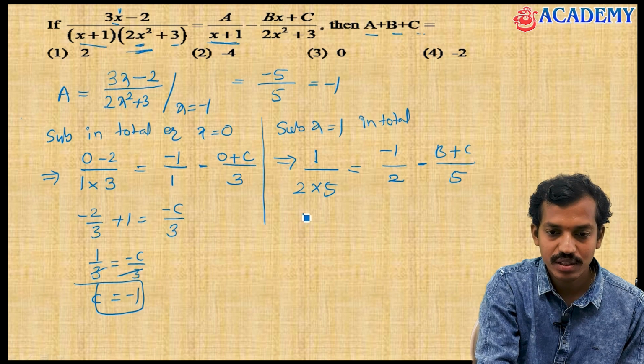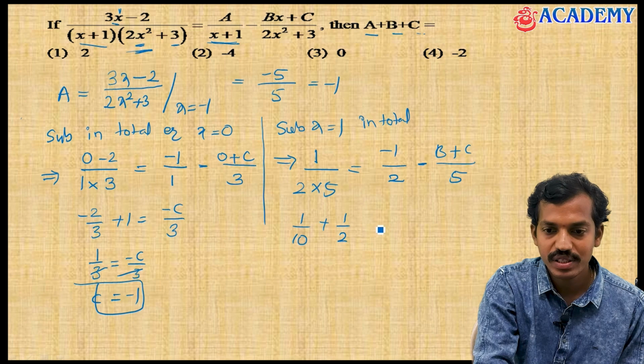Now simplify: that is 1 by 10. If I take the minus term to this side, it is going to be 1 by 2 plus 1 by 2 equals minus b minus c divided by 5.